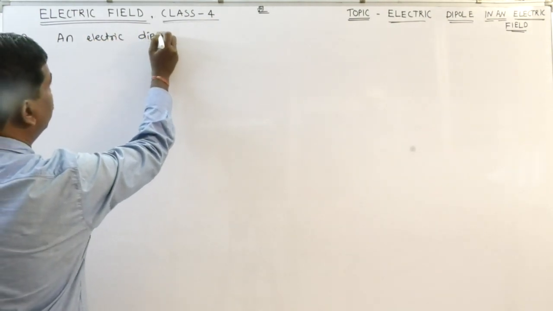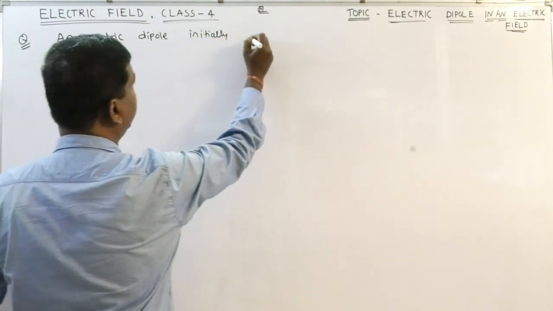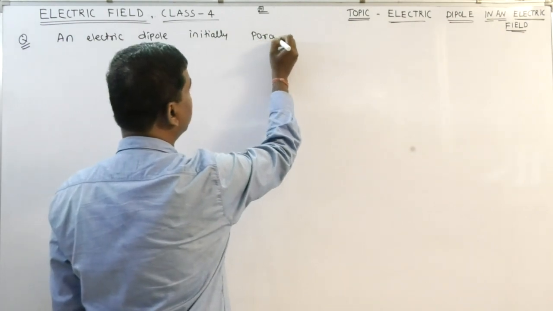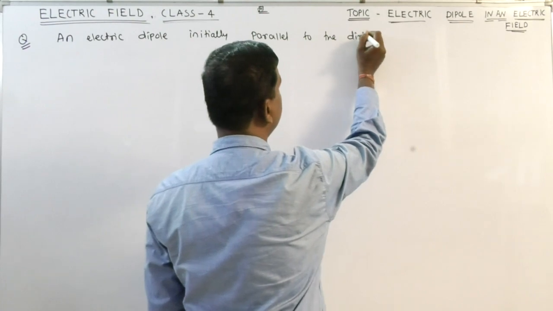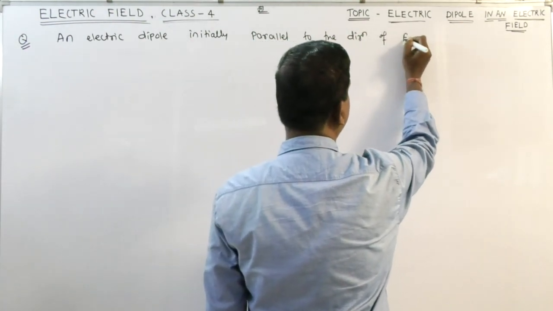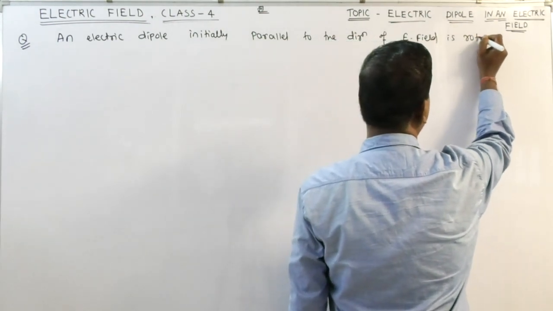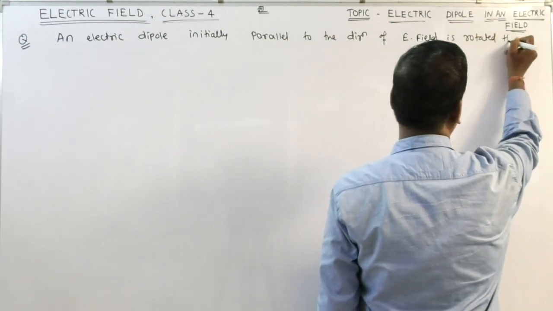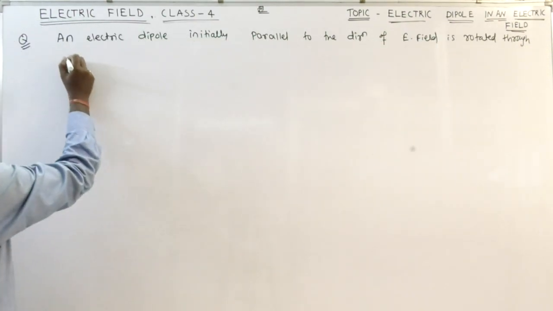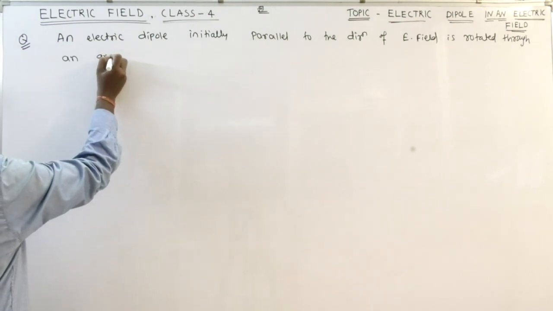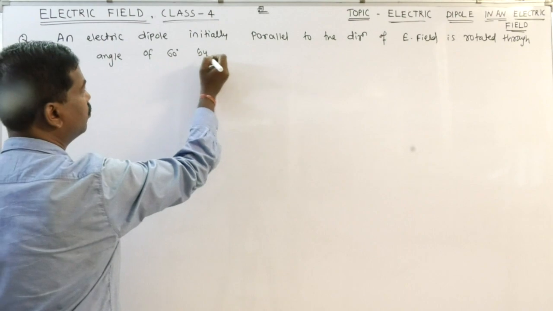An electric dipole initially parallel to the direction of electric field is rotated through an angle of 60 degree.